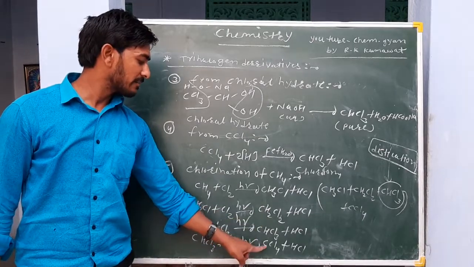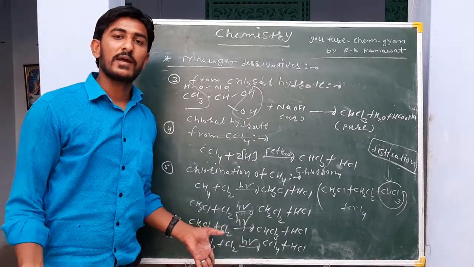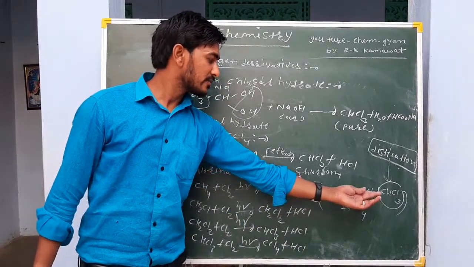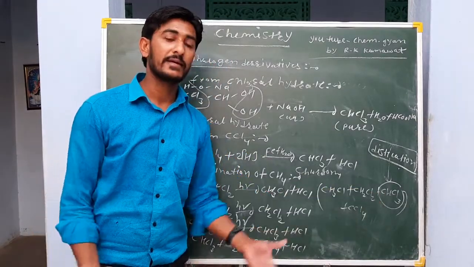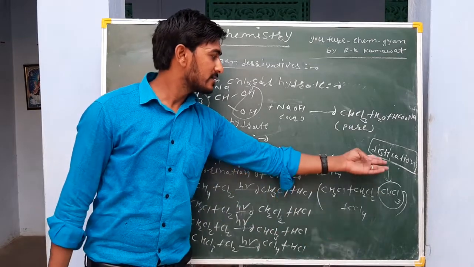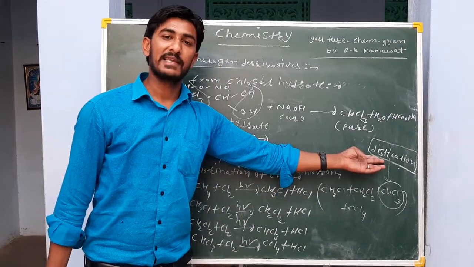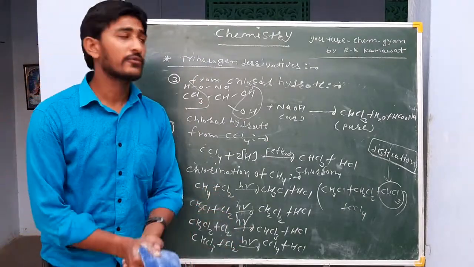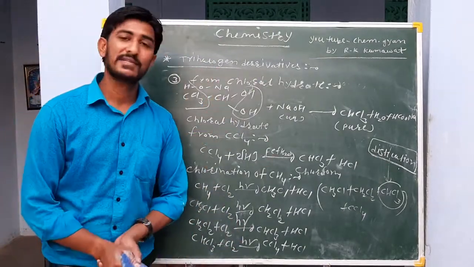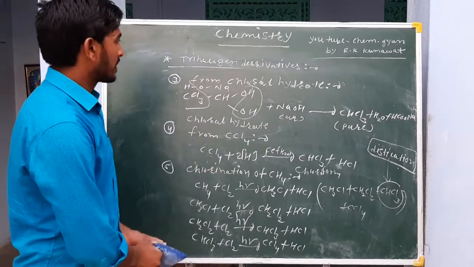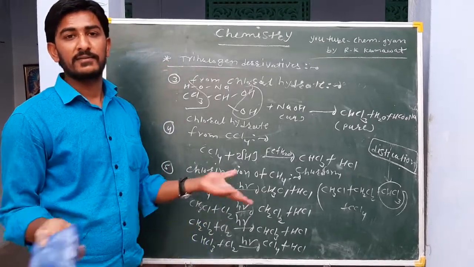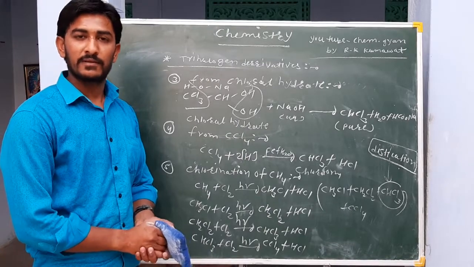Number third, chloroform. And number 4, CCl4, and product is formed as mixture CH3Cl, CH2Cl2, CHCl3 and CCl4, and CHCl3 is isolated by distillation. So preparation methods of trihalogen derivatives is complete, and next topic we will study next day. Thank you so much.